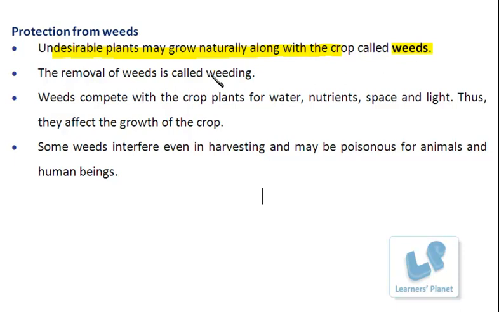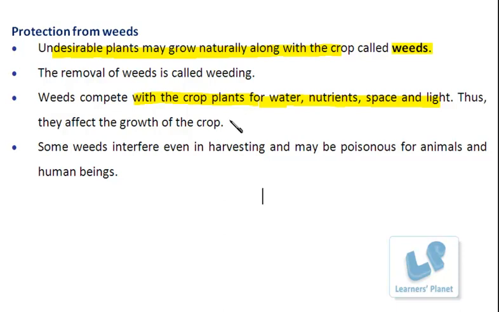As they grow, they also need water, space, and nutrients. So these weeds start competing with the crop plants for basic requirements like water, nutrients, space, and light. Of course when such competition is there, the growth of the crop plant is inhibited, and this is the reason that the yield from the crop field may be affected.